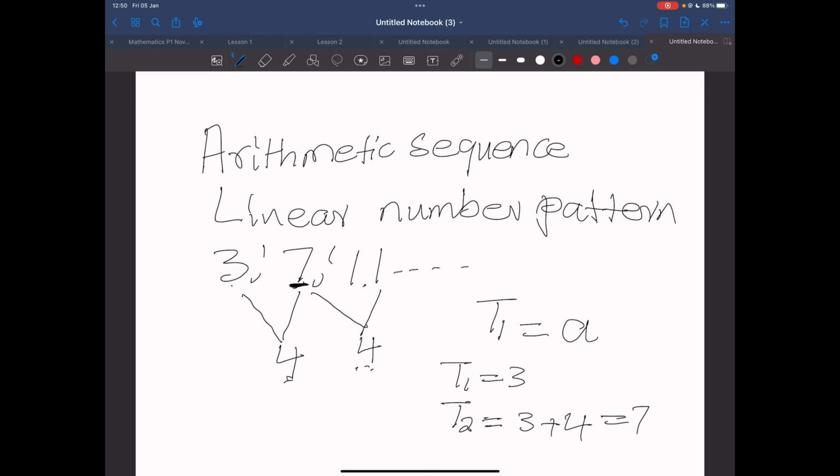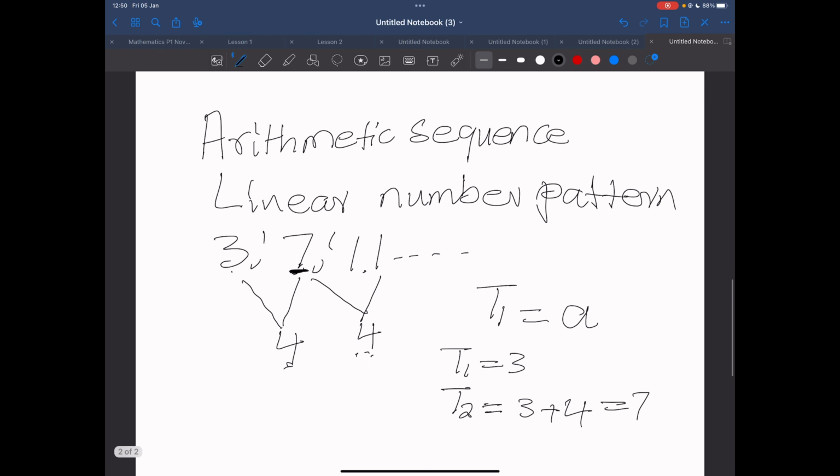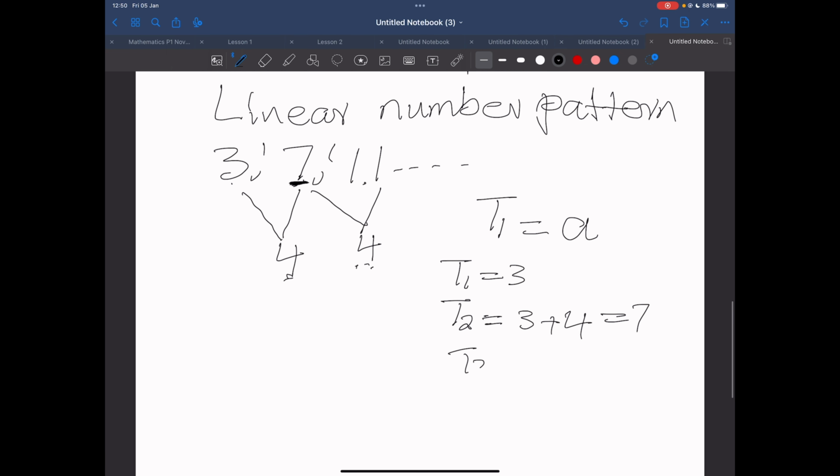Now to get to term number 3, we take term number 2 and we add the difference, which is 4. In other words, we have the 7 and we add the 4. That's why we have 11. So we can do that with all the terms.